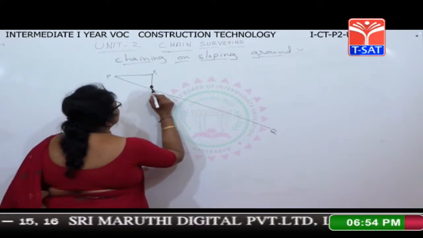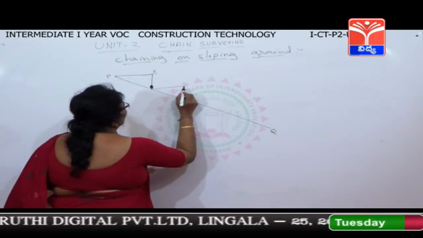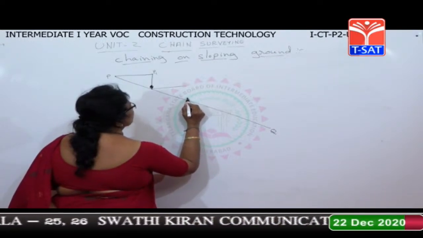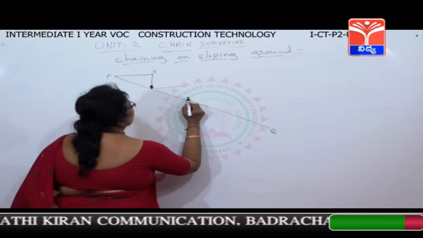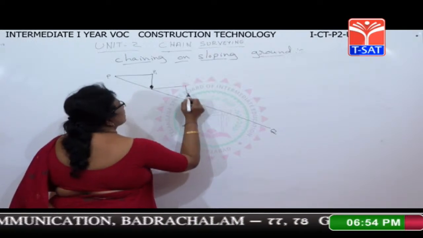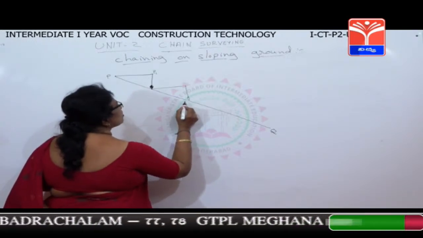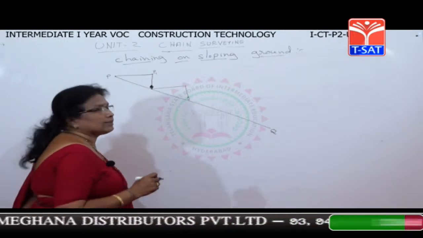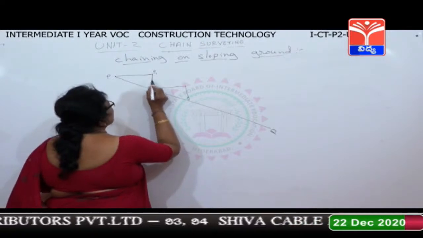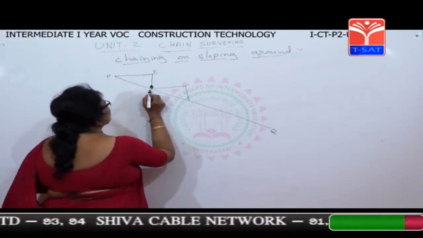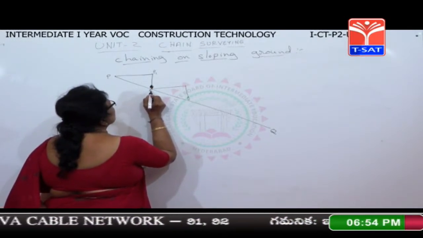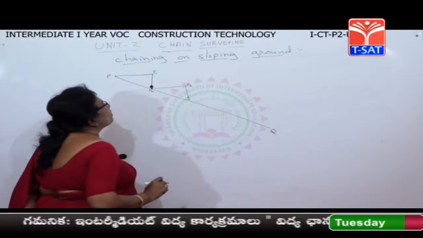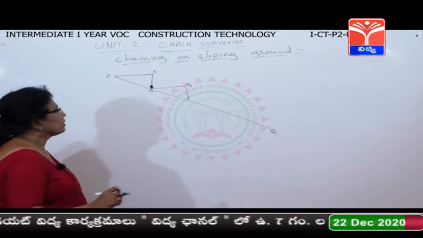Now next, again the same procedure. You will place the plumb bob here and you will stand. This distance is minimum how much? Below 2 meters, up to 1.8 like that. And again the person will come here. Say this is P2 and this is P3.